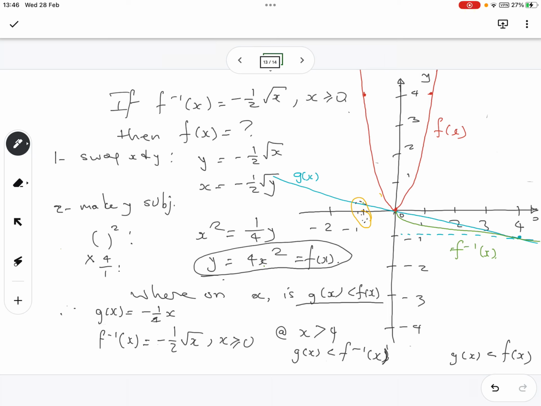I don't see anywhere else where they could intersect. Determine the coordinates of the point or points of intersection of f and g. Yeah, I think 0, 0 is the one. Other than that, I don't see any other point. So I'll just note that.